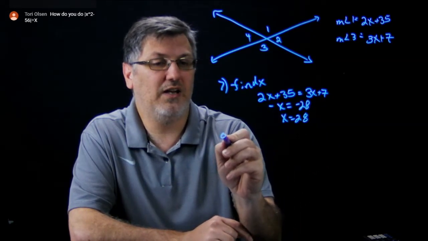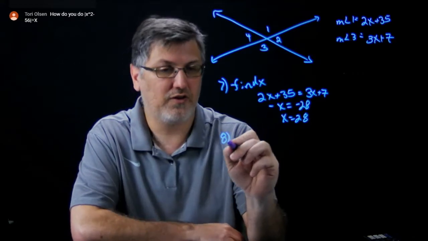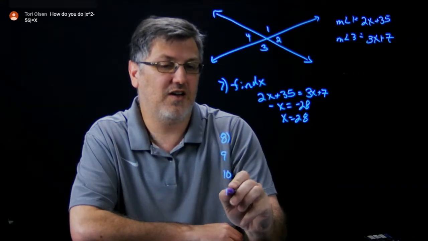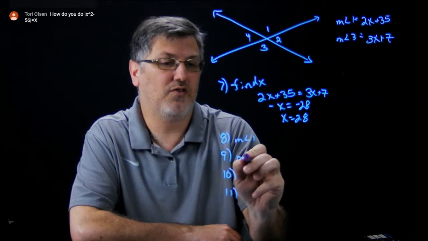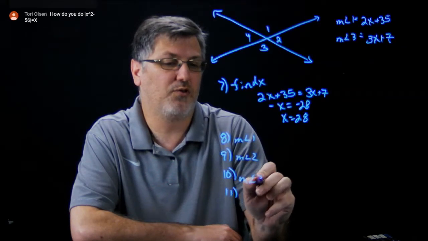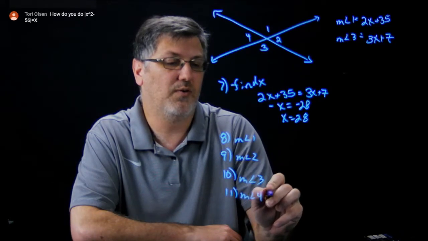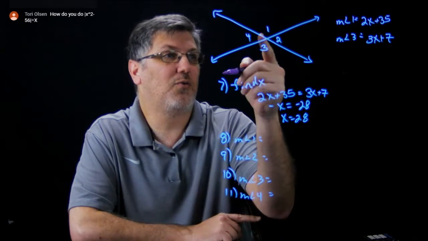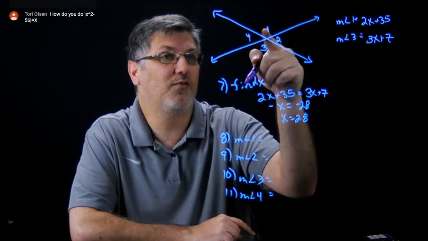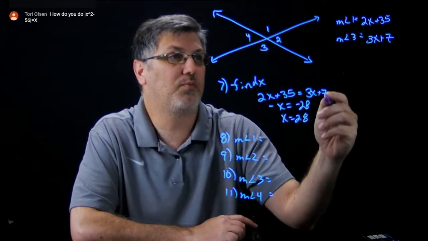So number 8, and the rest of these, 9, 10, and 11, ask for the measure of angle 1, the measure of angle 2, the measure of angle 3, and the measure of angle 4. All right, so let's look. We know x is 28, so to find angle 1 and 3, I just plug it back in.